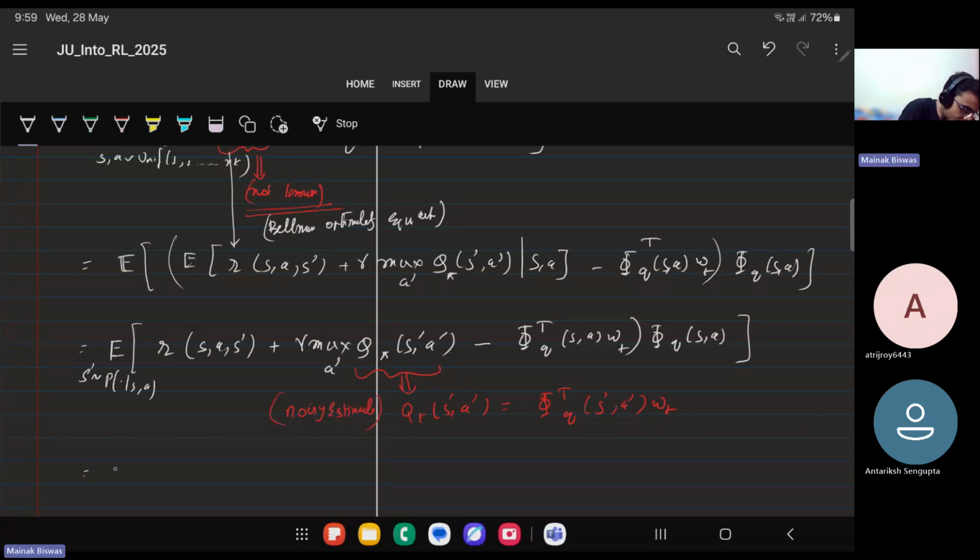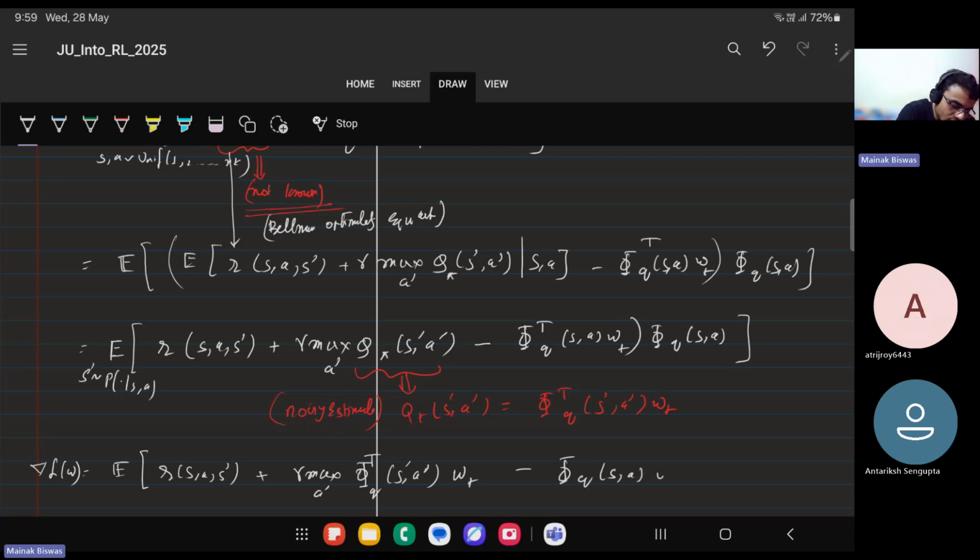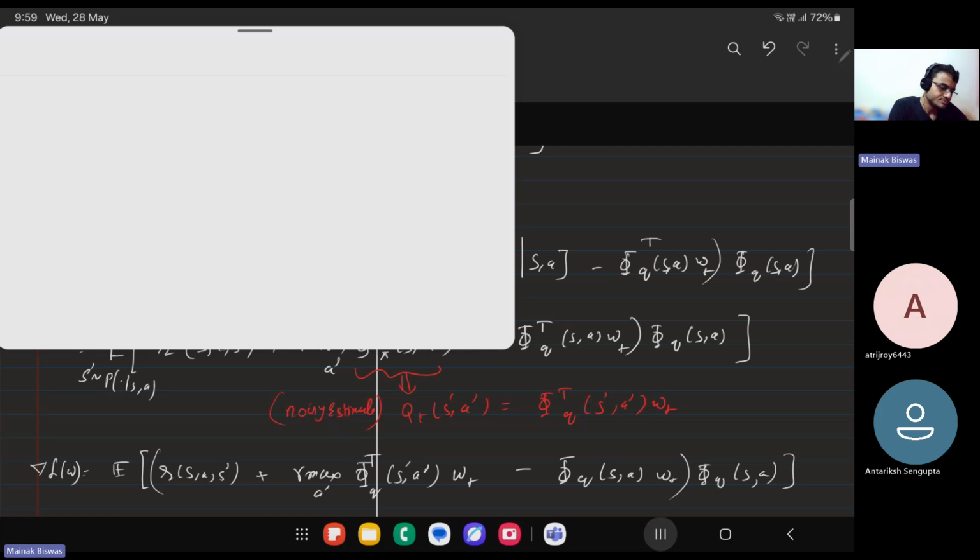So now this is the expectation of reward plus S dash. So this is the derivative of the loss with respect to W. That's gamma times max over A dash of pi transpose Q of S dash A dash W_T minus phi of S comma A W_T, into phi of S comma A. Very nice.